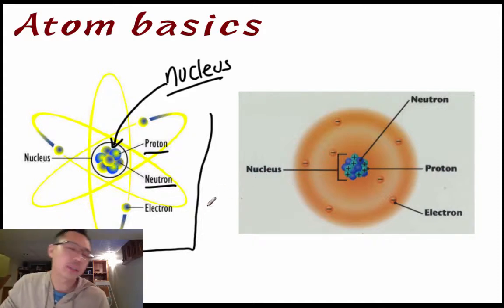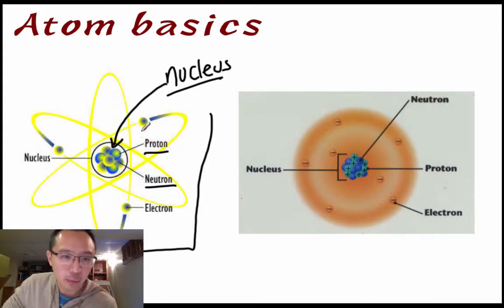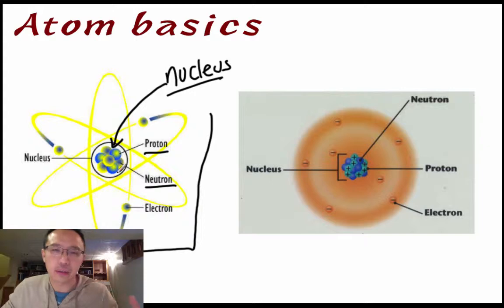But for simplicity's sake, we just have to know that there are electrons on the outside, and from the nucleus to the electrons, this is just a bunch of empty space. It's not like it's an electric field or anything like that, or there are tracks that they're moving through. It's just empty space, and electrons are just found on the outside.